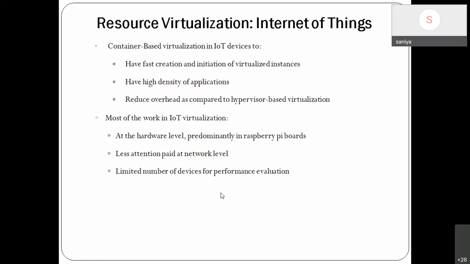If you have more devices in an IoT environment, you approach reality. Fewer devices means you are not touching the reality of an IoT environment. IoT means you will have a huge number of devices in your surroundings, so you need more devices for performance evaluation.